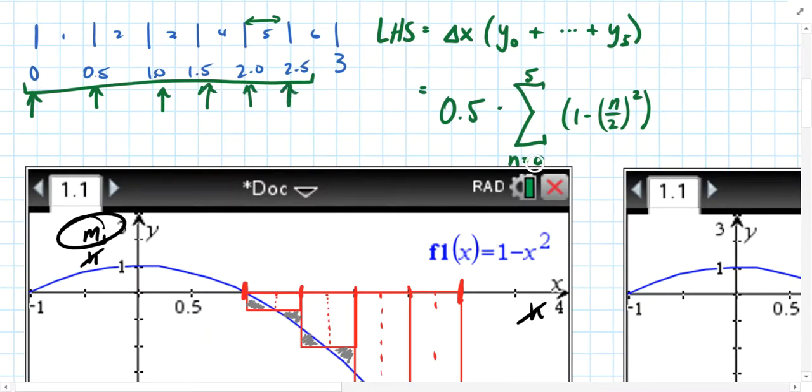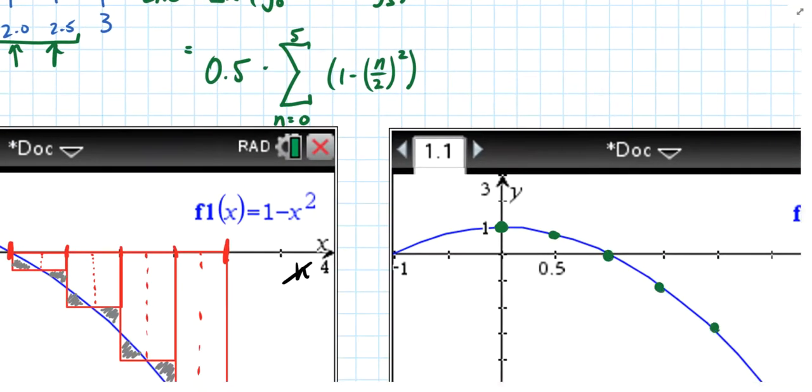notation. So when n is 0, 1 minus 0 divided by 2 squared is 1. So the height of that function is 1 on the left-hand side. When I use an n value of 1, 1 divided by 2 is 1/2. So 1 minus 1/2 squared gives me the height here, and so on.